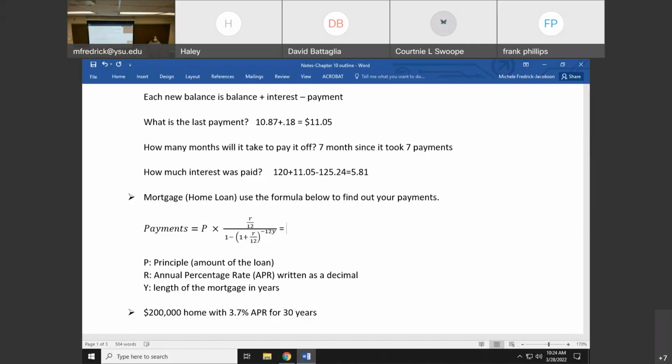And if we're doing it on the whole amount, then it's 200,000. Then we multiply by our rate as a decimal, 0.037 divided by 12.